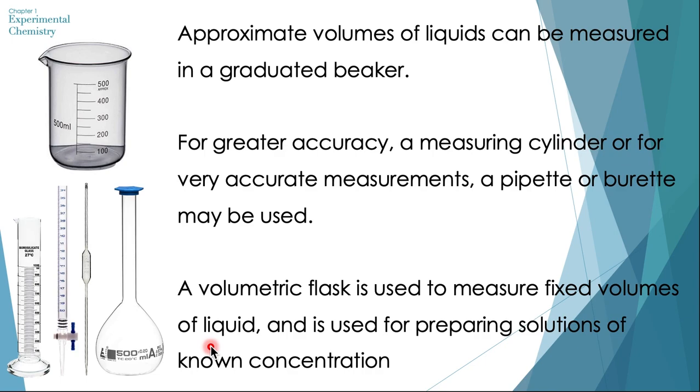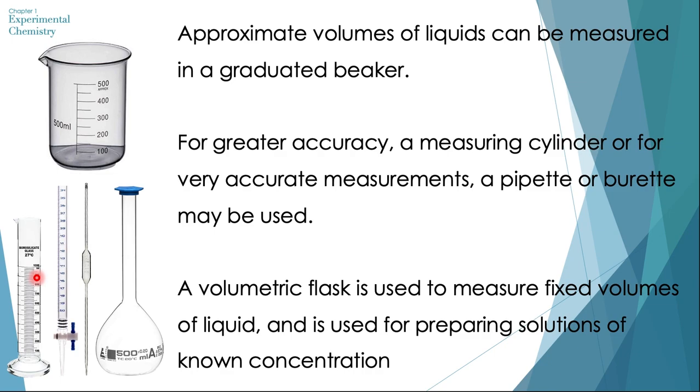Now let me tell you some more details on the accuracy of these instruments. So the beaker, as we all know, measures approximate volume. The measuring cylinder here is more accurate than the beaker, but how much accurate? You should remember this. A measuring cylinder is accurate to the nearest centimeter cube.